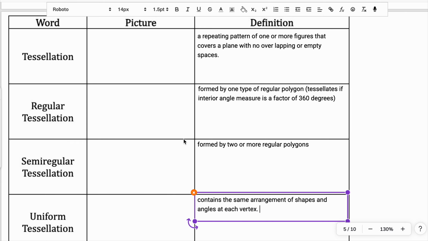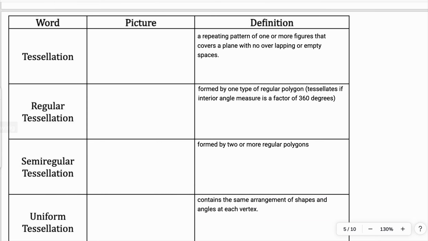So here are some pictures that we can maybe try. A tessellation is a repeating pattern of one or more figures. So for example, maybe we have a trapezoid. I'm going to try my best to tessellate these, and then another trapezoid just reflected. One thing we look for in a tessellation is the vertices.